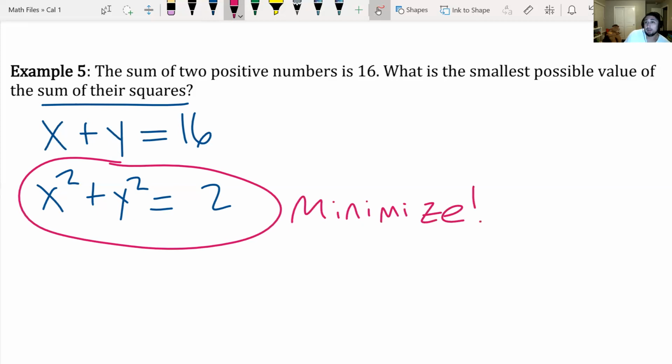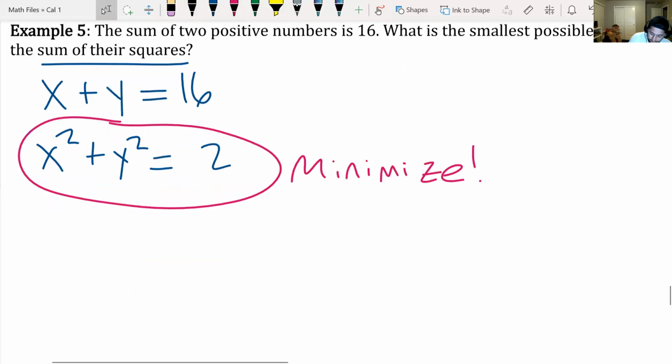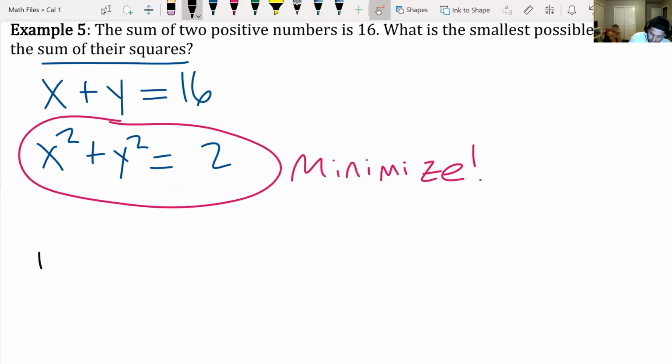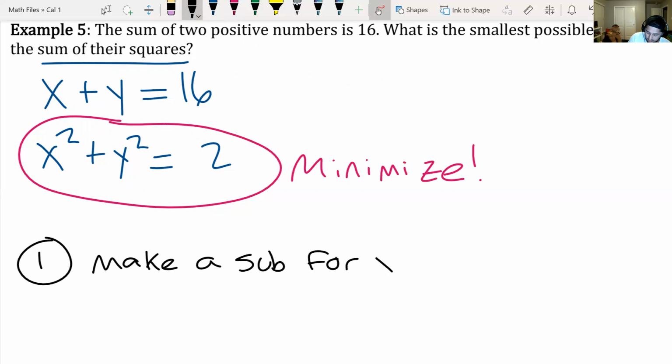Minimize, which means make a substitution for y. Well, let's change it up a bit. We've been doing substitutions for y all day. Let's make a sub for x. So step 1, make a sub for x.